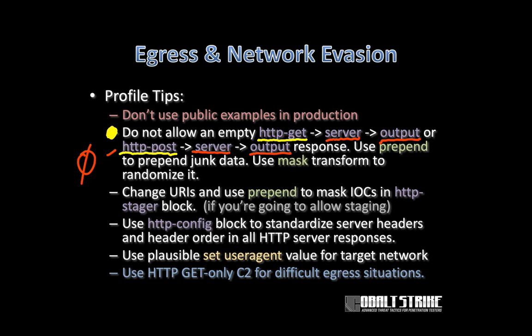Similarly, with the block to check in and download tasks, if there are no taskings, there's no output. And if that block is not doing anything to transform the content, you're going to get back a server response with no content as well. And that can be a problem. So here's our GET on some URI, and here's our response from the server.